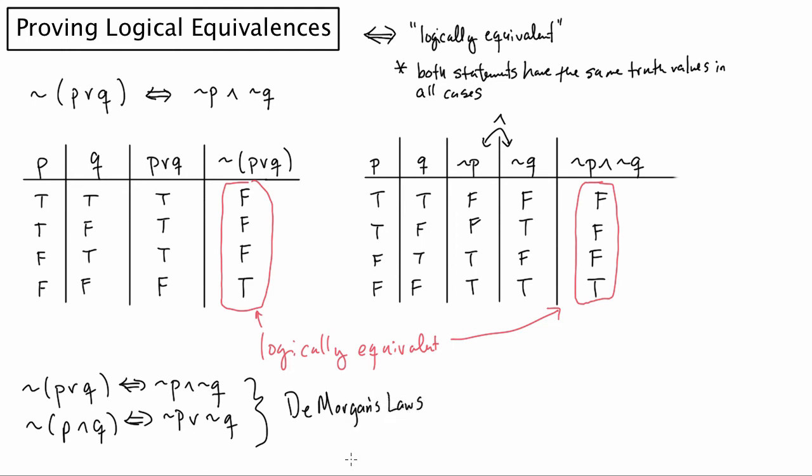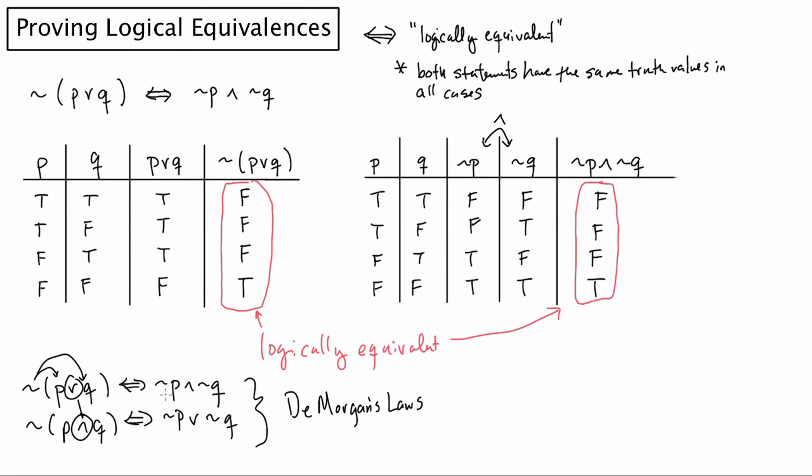Basically, they tell you how to distribute a negation symbol. If you distribute the negation symbol, you have to flip an and to an or, and an or to an and. That's De Morgan's laws.